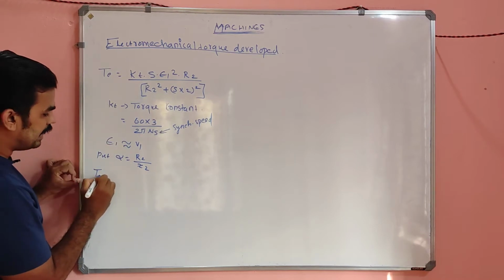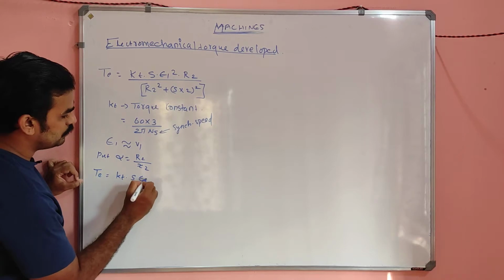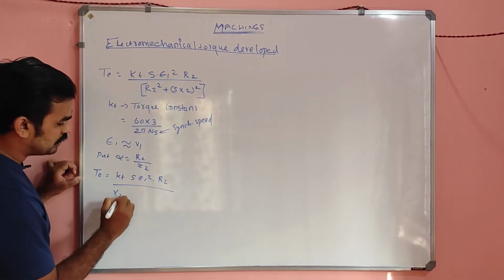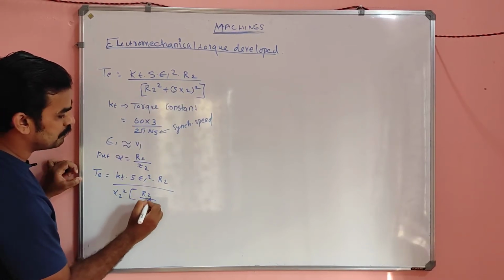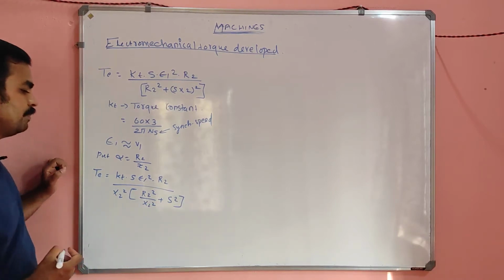So this equation will be slightly modified as KT into S into E1 square R2 divided by, I am taking X2 square outside from the denominator. It will become R2 square by X2 square plus S square, correct?